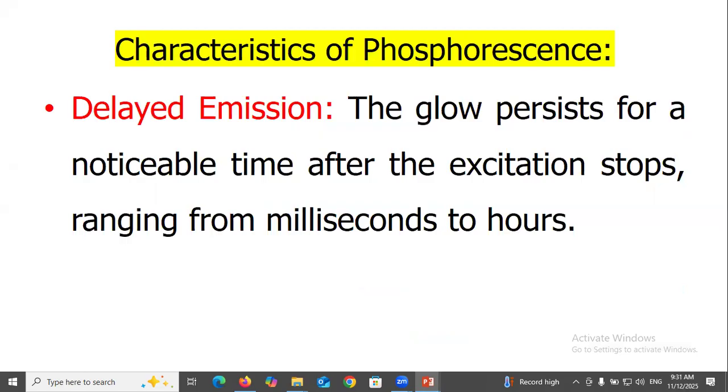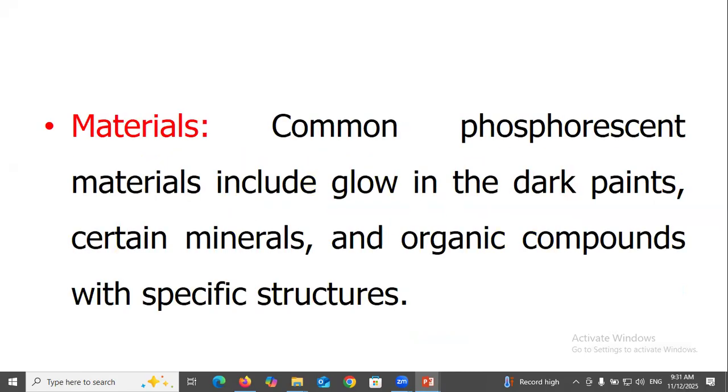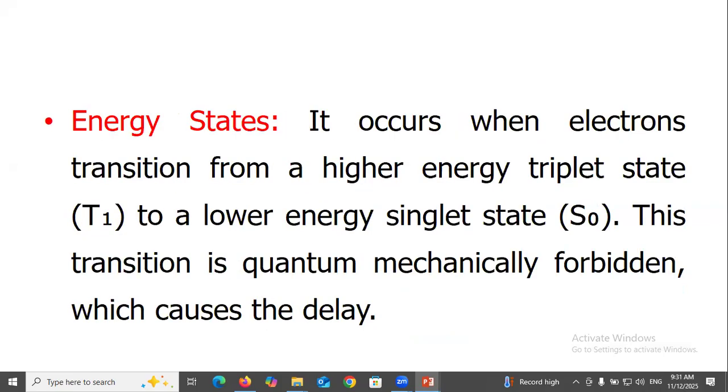Characteristics of phosphorescence: delayed emission. The glow persists for a noticeable time after the excitation stops, ranging from milliseconds to hours. Materials: common phosphorescent materials include glow-in-the-dark paints, certain minerals, and organic compounds with specific structures.